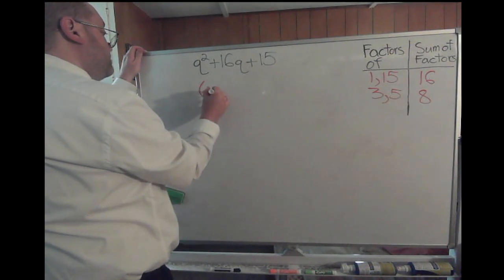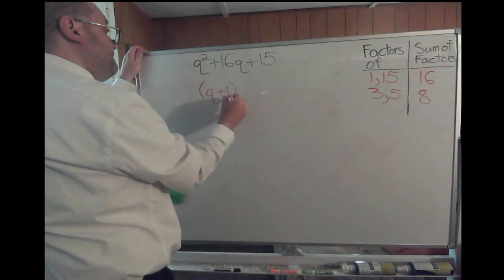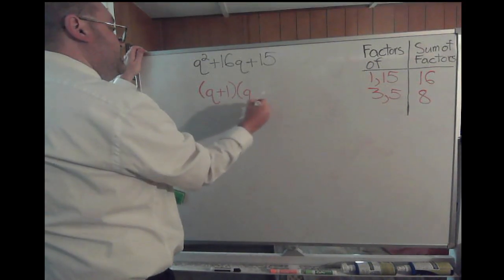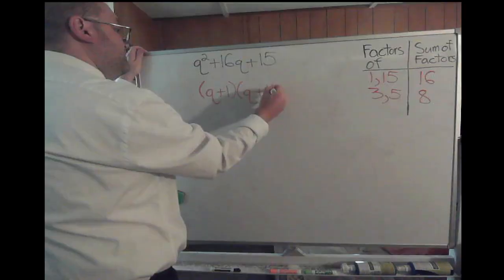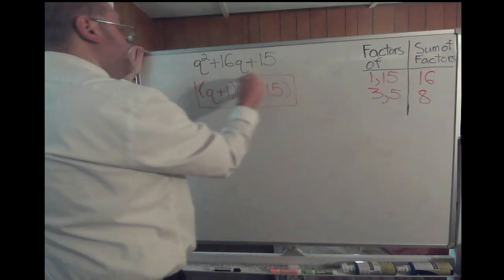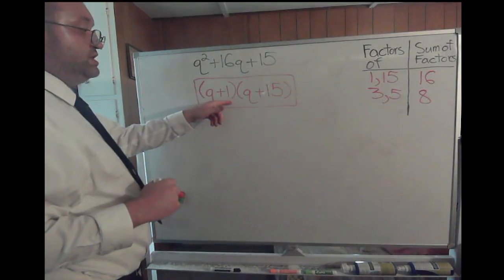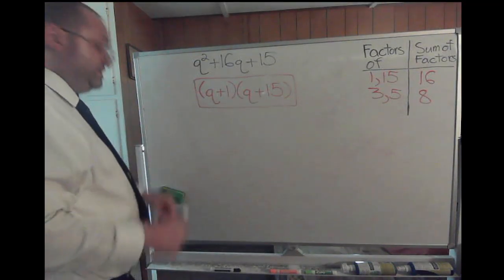So you're going to take the quantity of Q plus 1 times the quantity of Q plus 15. So the answer you should get for your factors of this quadratic equation would be the quantity of Q plus 1 times the quantity of Q plus 15.